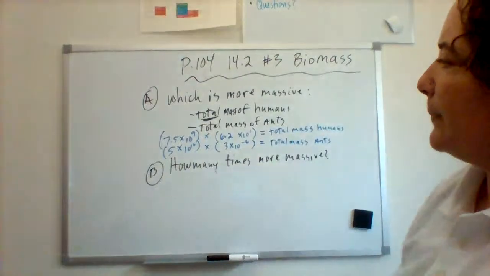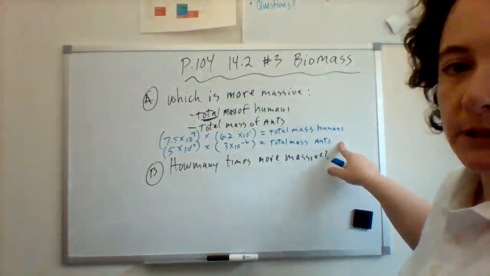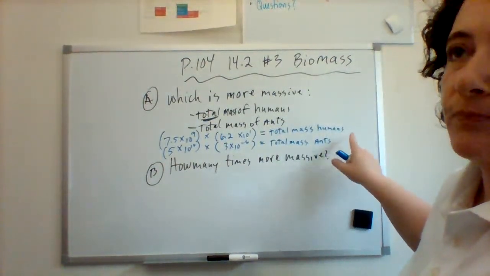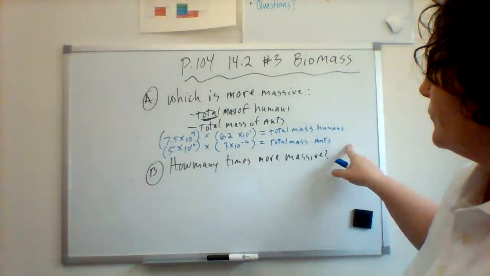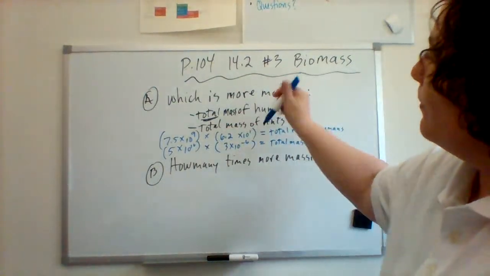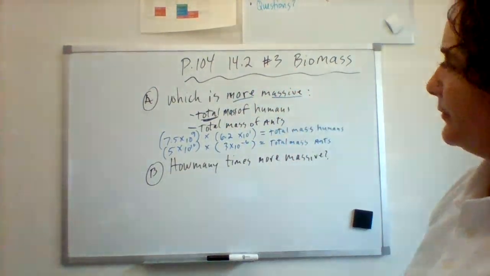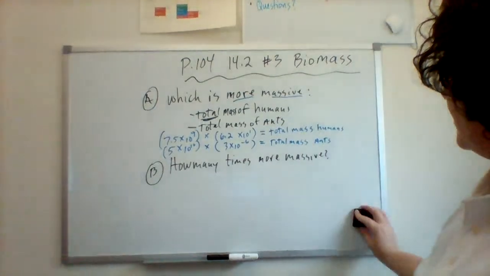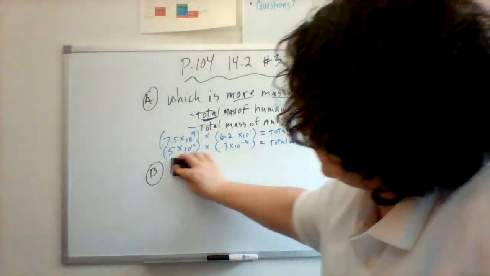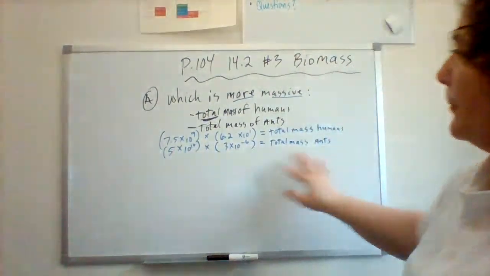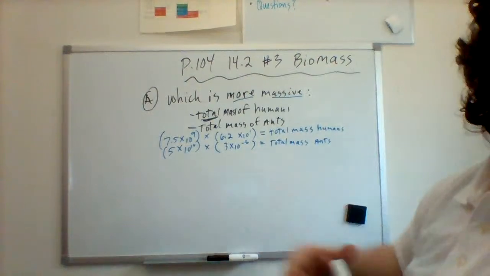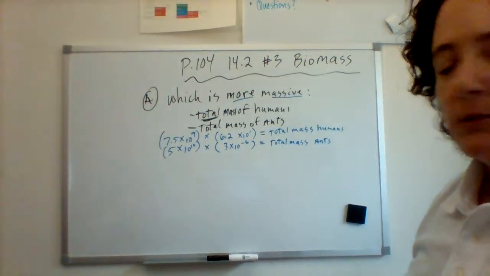Once we do those operations, we will be able to decide which one is actually more massive, okay? Now, I'm going to erase this question for a moment because we have to do the work here.